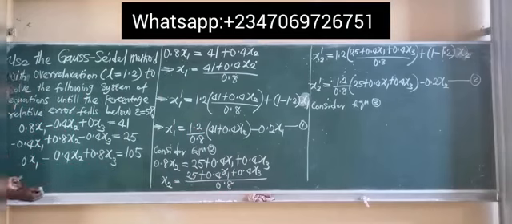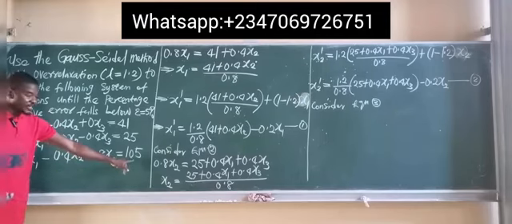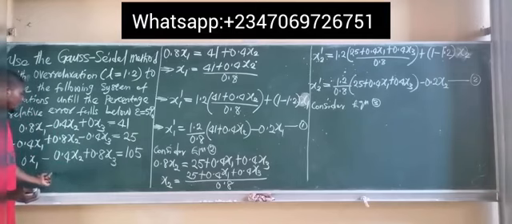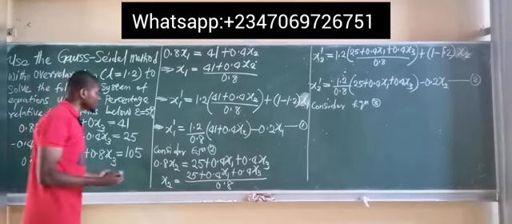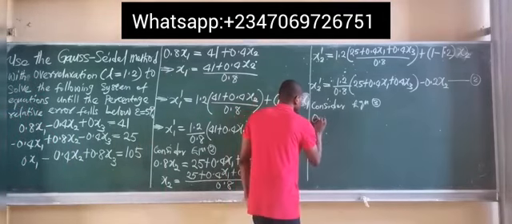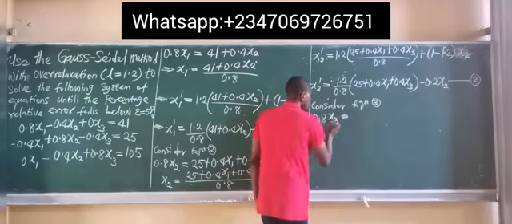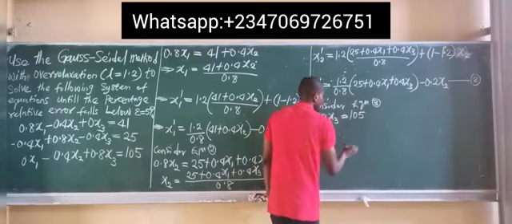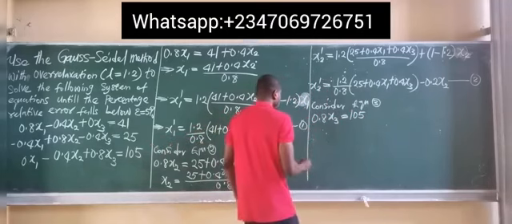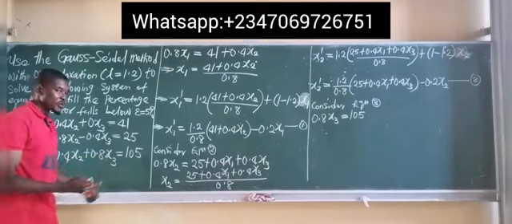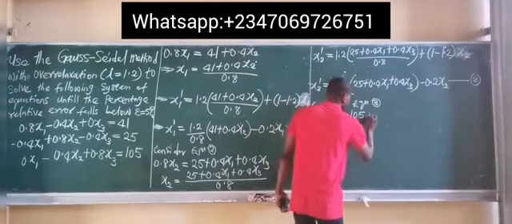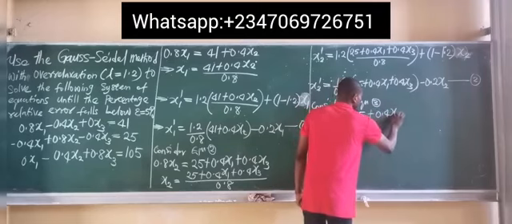Okay, so we can put it out. This is 0.8 x3, this is 0 x1. Of course, we can discard this, and then we have minus 0.4 x2. Remember, there's 105 already here, so you can simply send minus 0.4 x2 over here. Negative sign crossing the equal sign becomes positive. So we'll start with 0.8 x3 equal to 105 plus 0.4 x2.